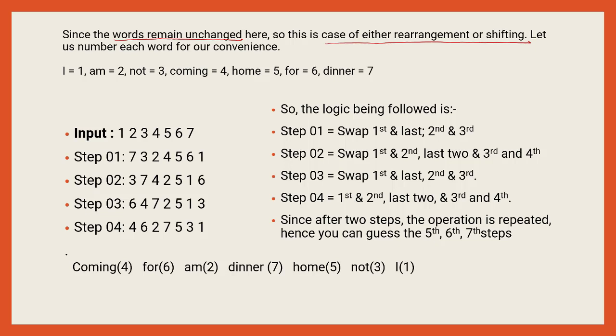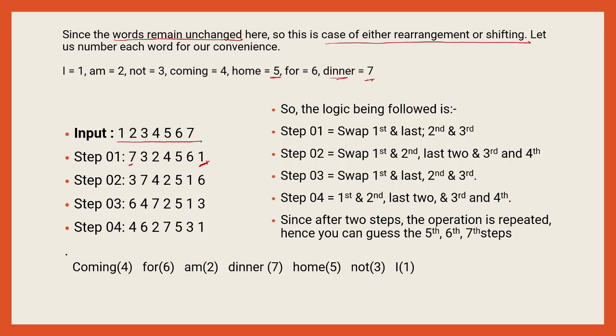We have numbered each word: I is the first word, am is the second, not is 3, coming is 4, home is 5, for is 6, and dinner is 7. Now for step 1: our input string is in order 1, 2, 3, 4, 5, 6, 7. And in step 1, we have swapped the first and the last word.